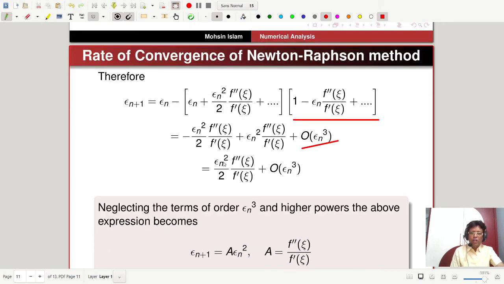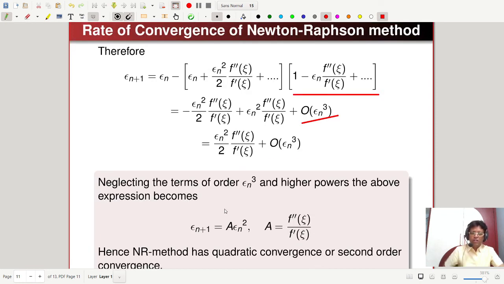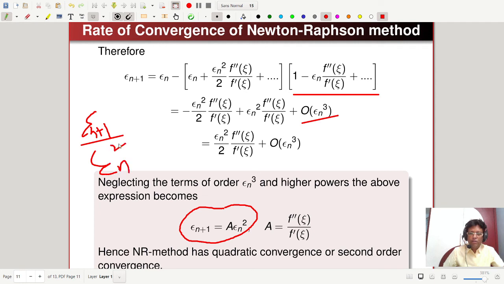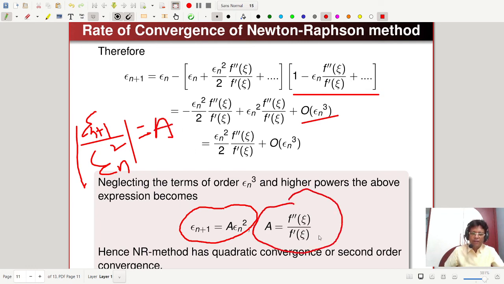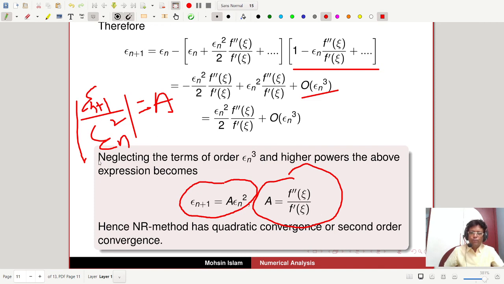Finally, you have epsilon n squared by 2 times f''(xi) by f'(xi). Now you can write the modulus of epsilon n+1 by epsilon n squared, in the limit, equal to A, where A is f''(xi) by 2f'(xi).